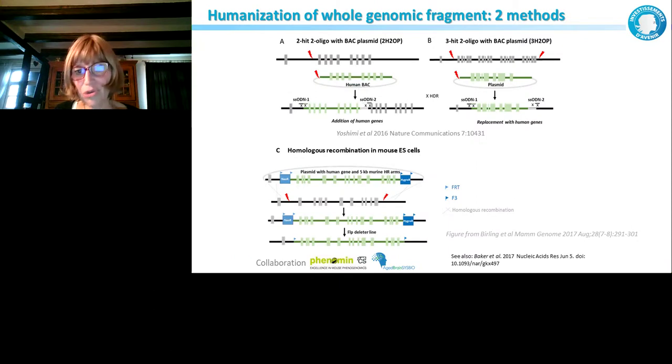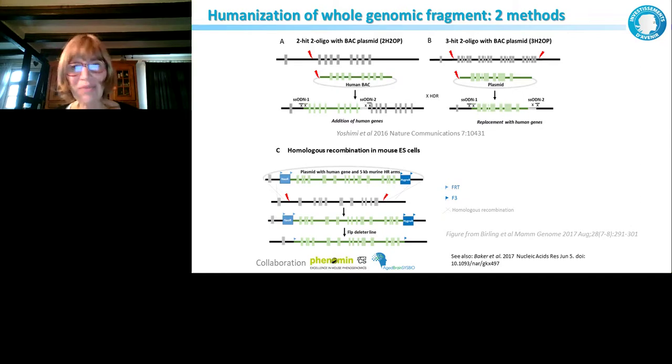And that's just a review. You can go and have a look at the review we wrote here. But just to say that it's supposed to work with BAC plasmids because it was published in Nature Communications in 2016. They showed different ways to obtain humanization, but that worked only in rat.